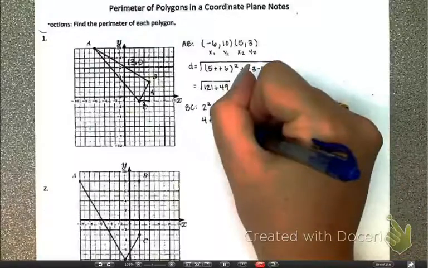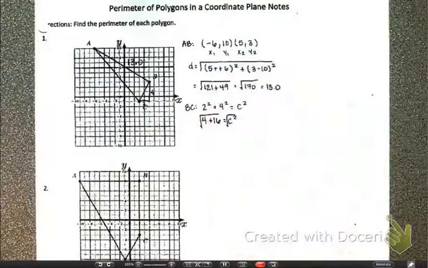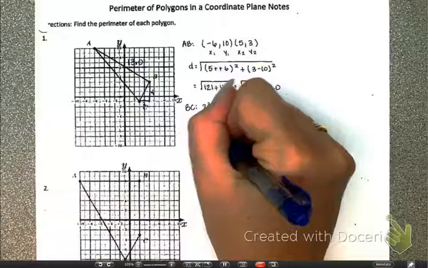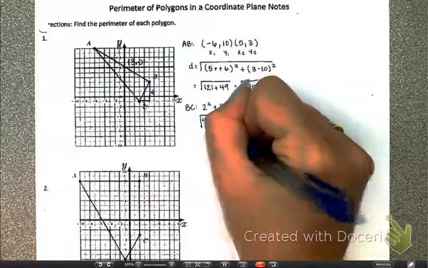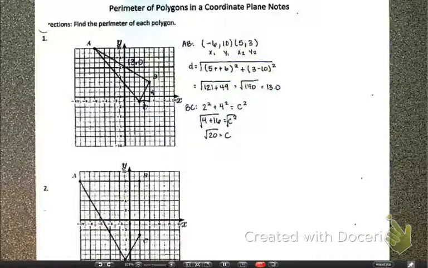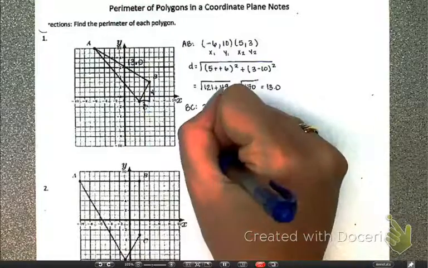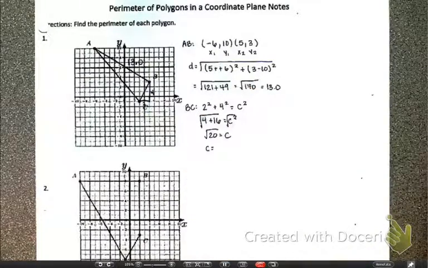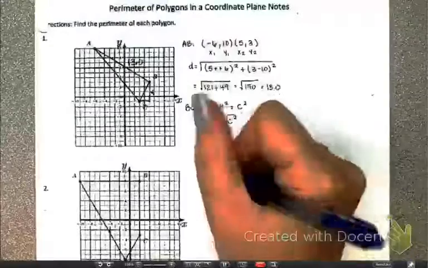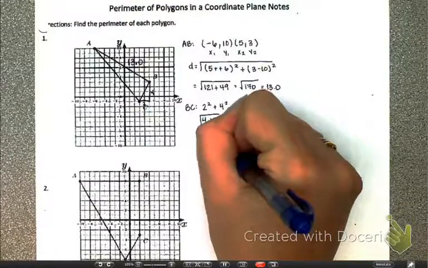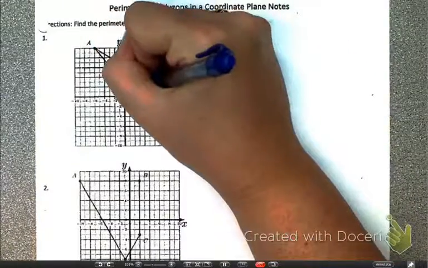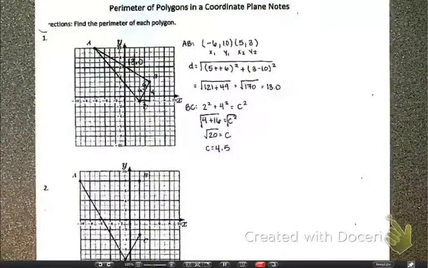Square root, on both sides. What's the square root of 20? To the nearest tenth? 4.5? So BC is 4.5.